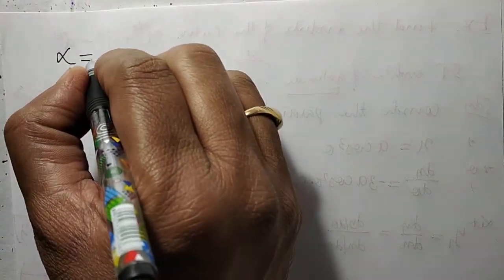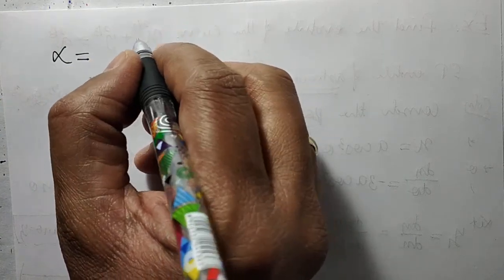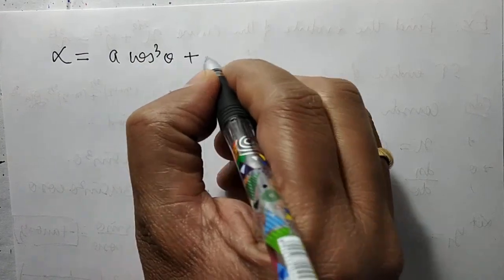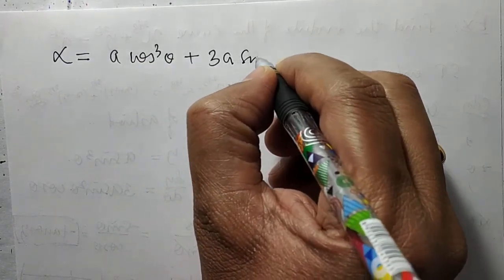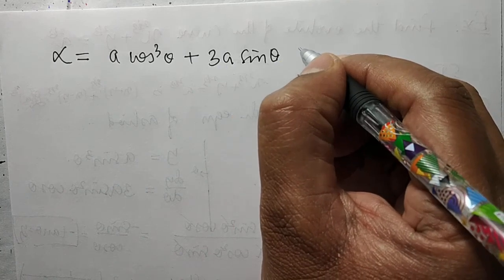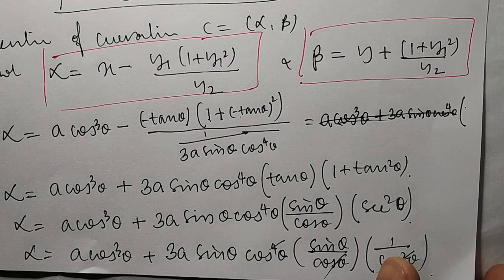Alpha is equal to a into cos cube theta plus 3 times a into sin theta into, after the calculation, what remains? 1 cos, 1 sin into sin. So it is sin square theta into cos theta.